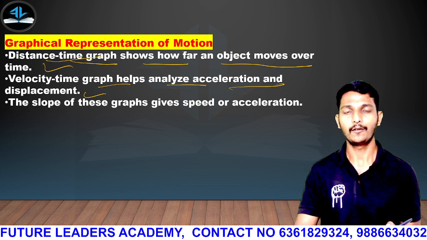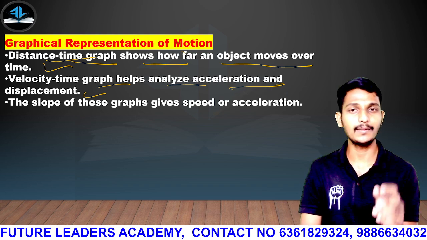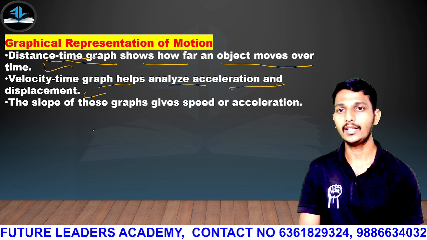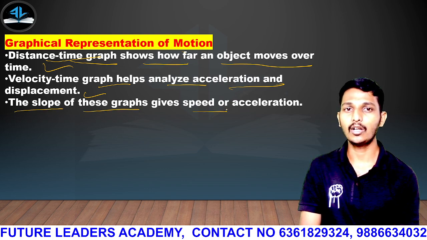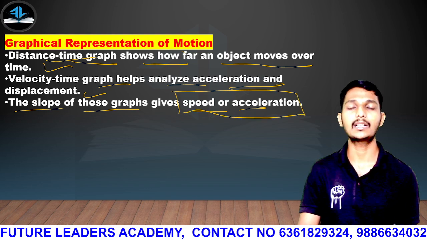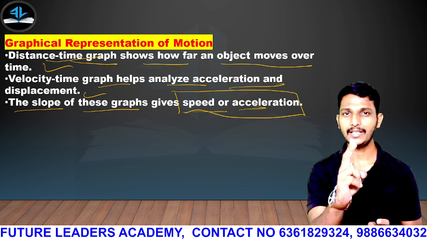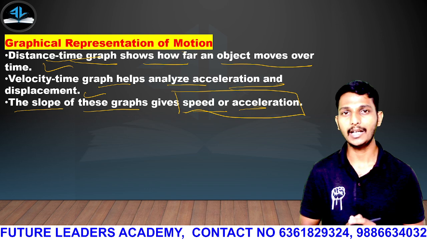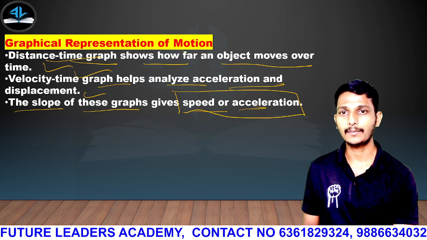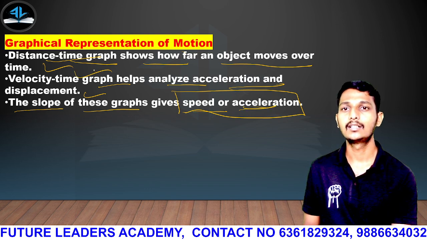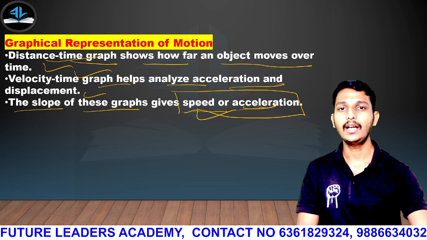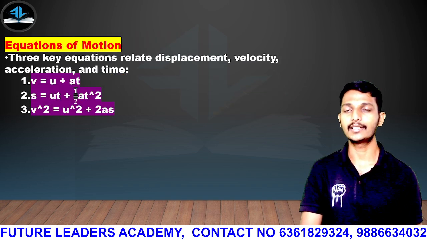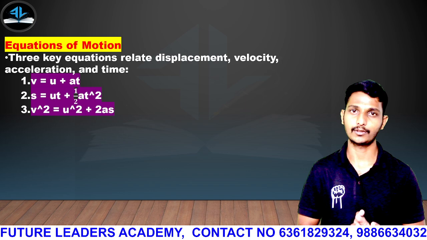The rate of change of displacement is called velocity. The slope of these graphs gives you speed or acceleration. So the velocity time graph will give you the acceleration and the distance time graph will give you the speed. Clear?